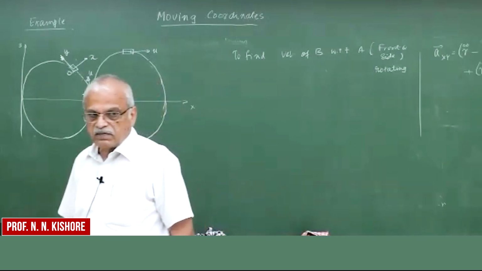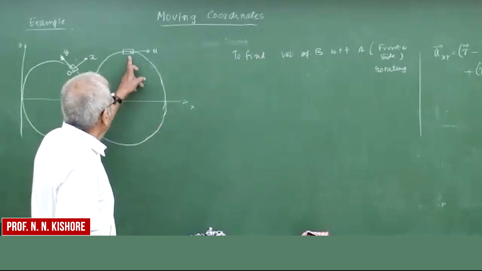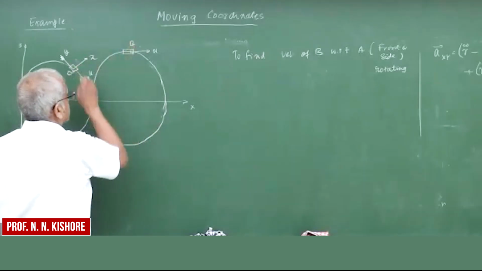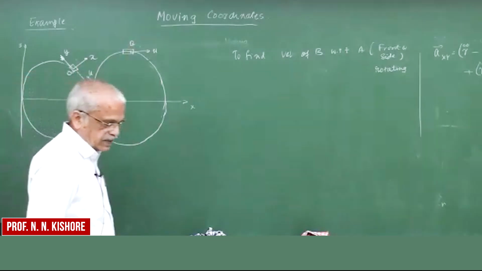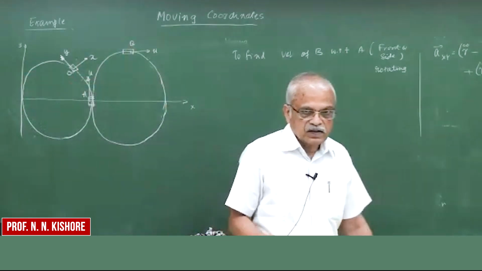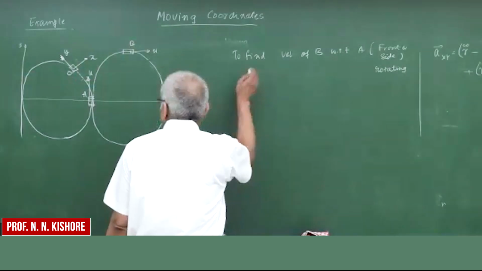So if you want to find out the velocity of B with respect to A, you have to relate these quantities using our relationship.